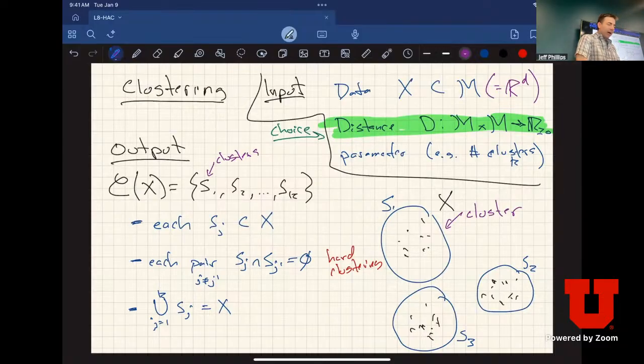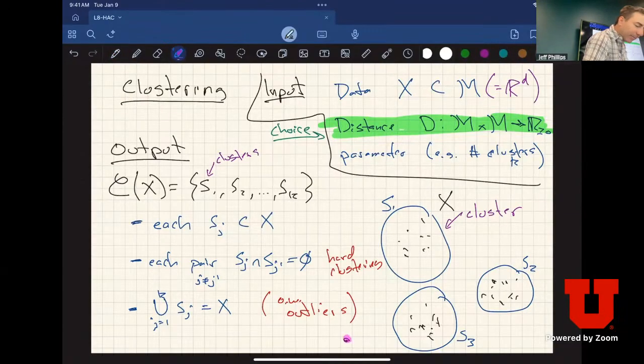Okay, and sometimes you might not put some points inside of some of the clusters. For instance, if you had 3 well-defined blobs, and then you have a data point far away from everything else, you might say this is an outlier.